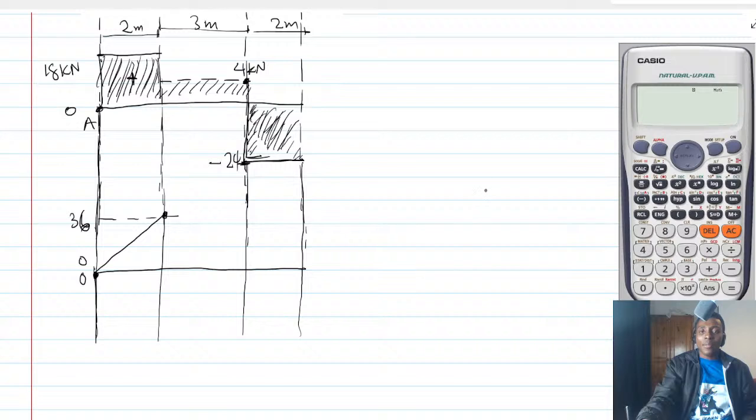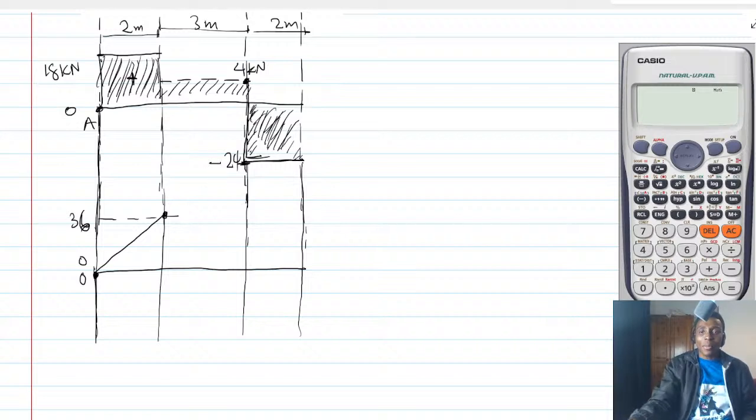This is what I'm trying to say. If you put 2 here, you're going to get 36. And from what we already have, what do you see? So you see that this is actually 36, which is already there.